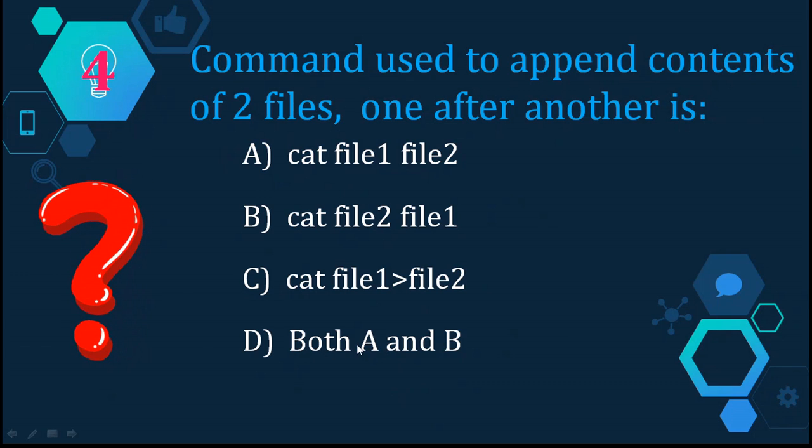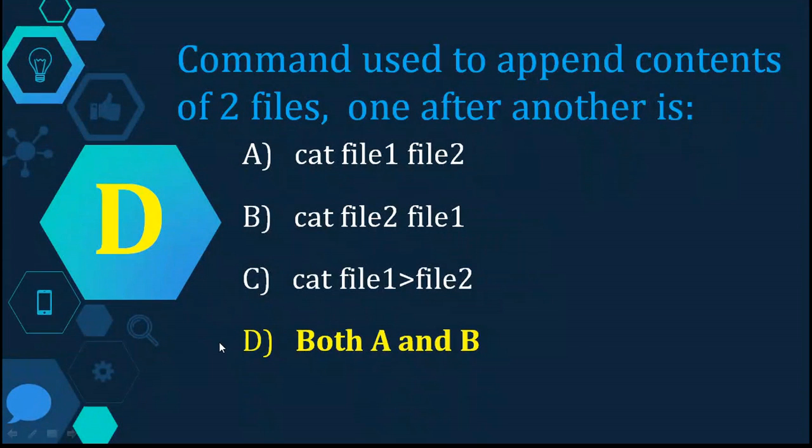So now let's see the answer. The answer is option D. In this, if I talk about option A, if I write the command cat and after that file1 and file2, it will merge the content of file1 and file2 and display the combined result in the terminal itself.